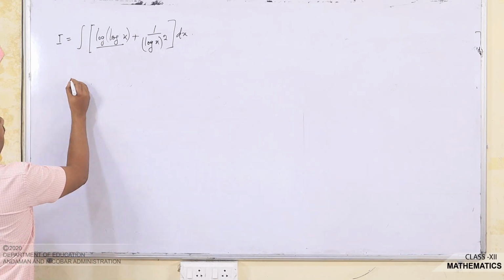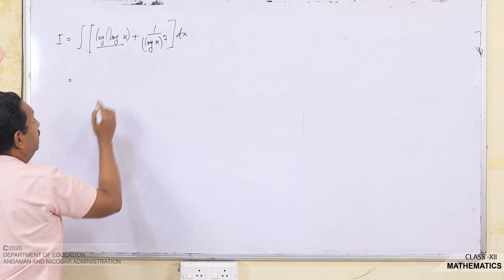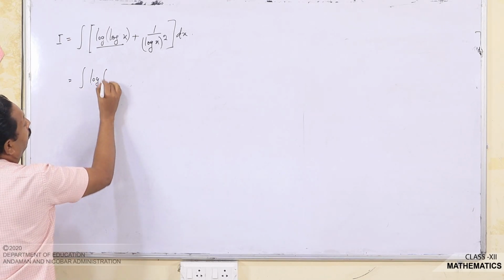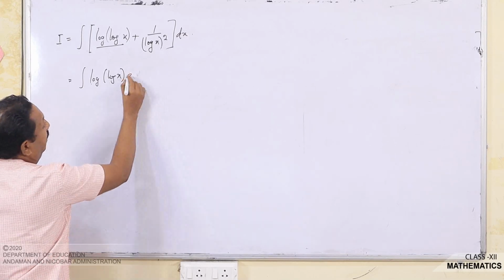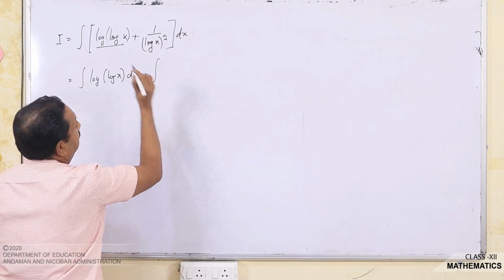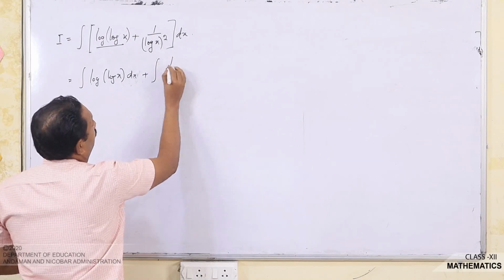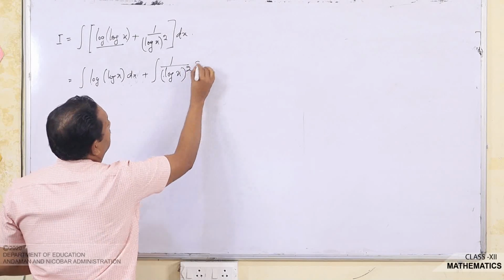First I make the integration sign separate to these terms. That means this is integration of log of x dx plus integration, that is 1 upon log of x the whole square dx.